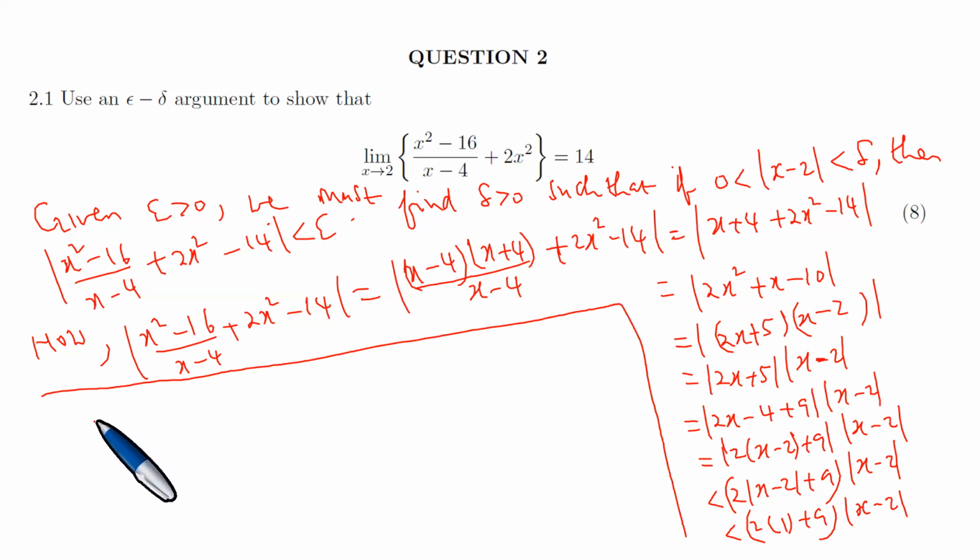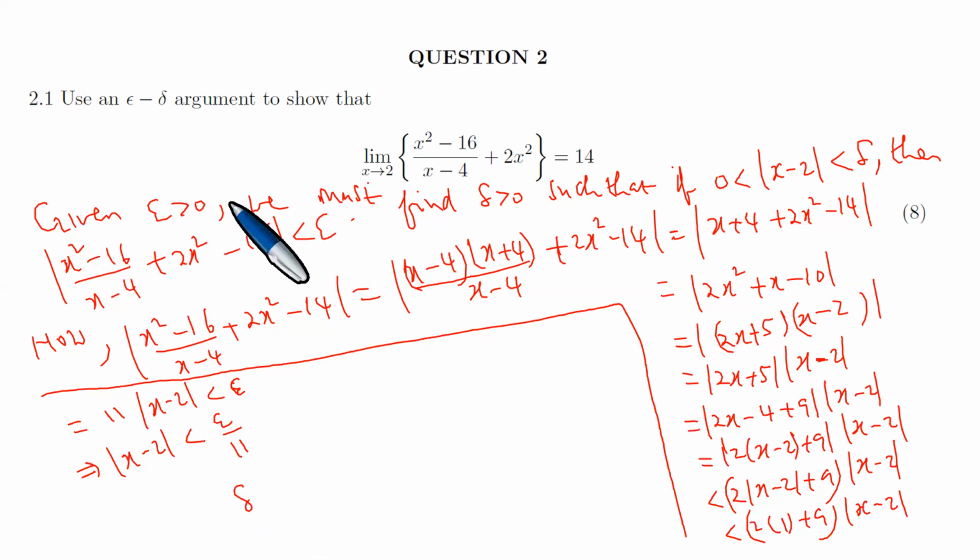From this, we're able to see, therefore, that this is the same as 11 into modulus of x minus 2 is less than epsilon. And this means modulus of x minus 2 is less than epsilon over 11.